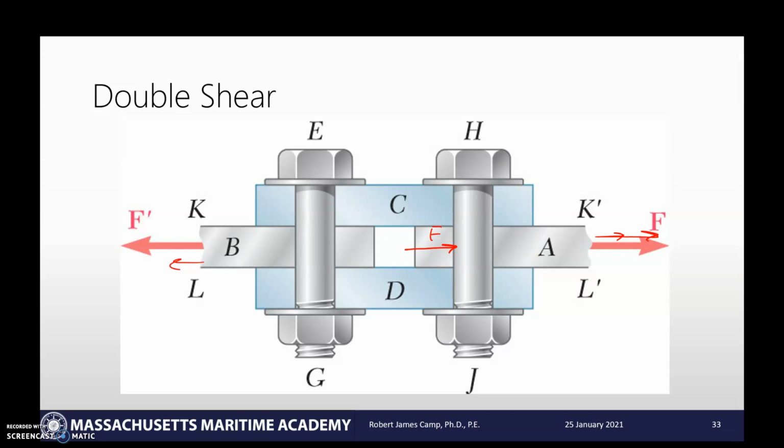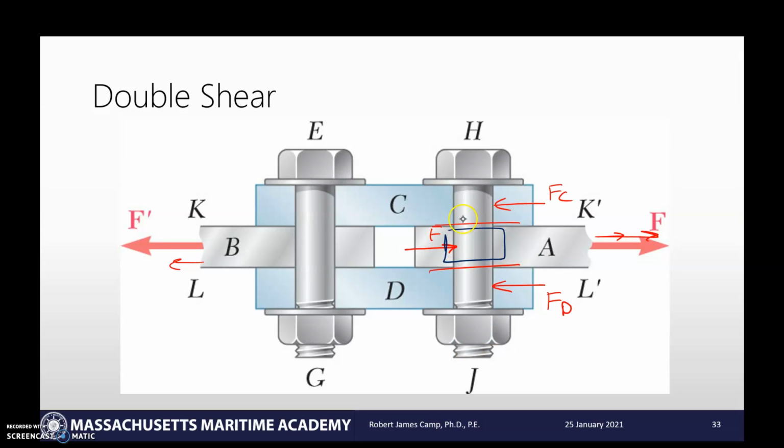What happens, though, is I've got these upper and lower plates pulling back the other way, with that force of C and that force of D. So now I've got two planes where I'm shearing, because I've got the imbalances of forces between F and FD, and then up here between F and FC.